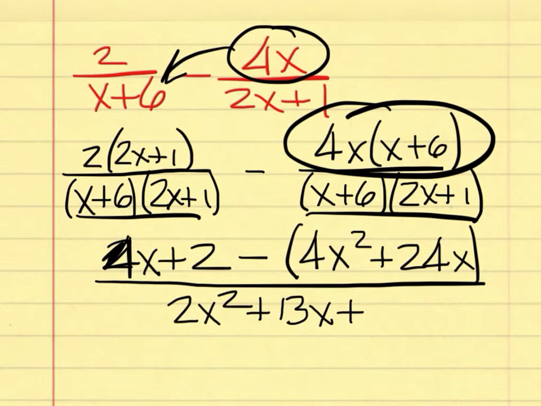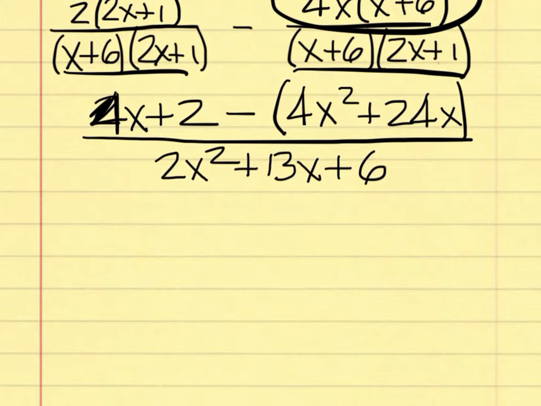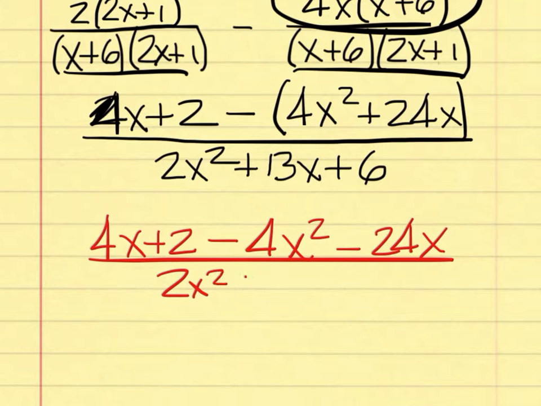And then you finish off with a plus 6. Alright, so now 4x plus 2 minus 4x squared minus 24x. And the same denominator is 2x squared plus 13x plus 6.